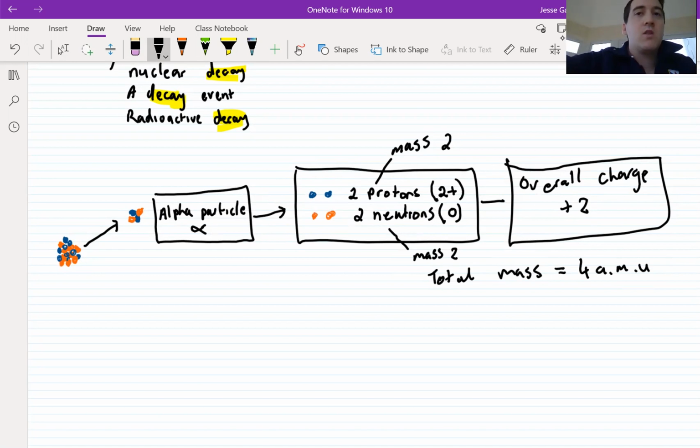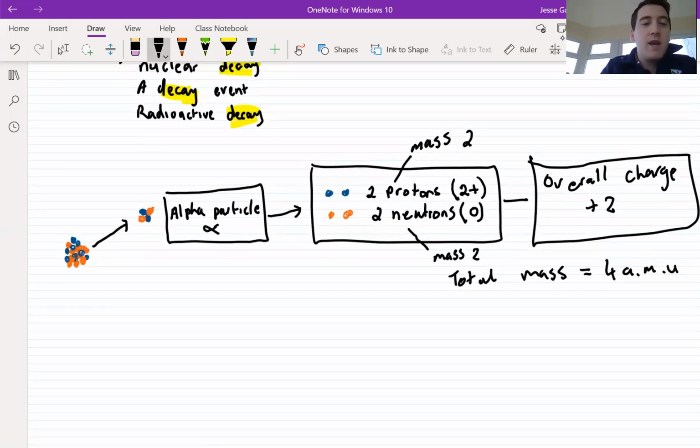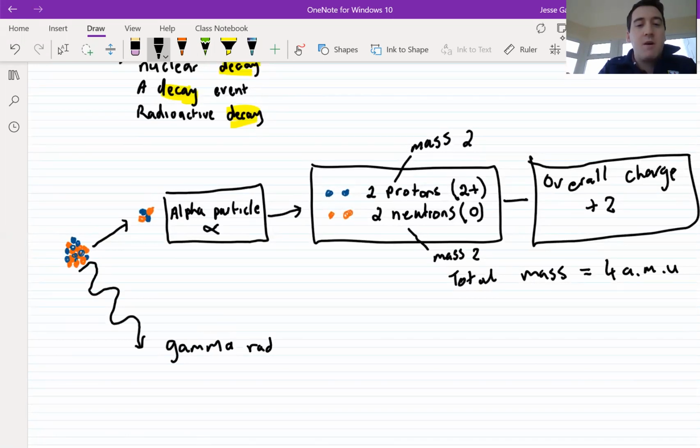A really important note to make here is that every time a particle is emitted, whether it's this type of particle, alpha, or another type, electromagnetic radiation is always given out. This is what we call gamma radiation. Gamma radiation is not a particle, it is energy.